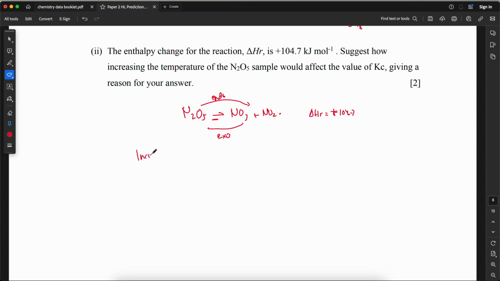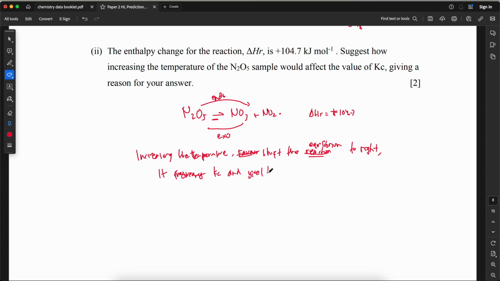So increasing the temperature will shift the equilibrium to the right, because when you increase the temperature, it will absorb the heat, right? So that would be endothermic, so it will shift to the right because it increases Kc and yield.